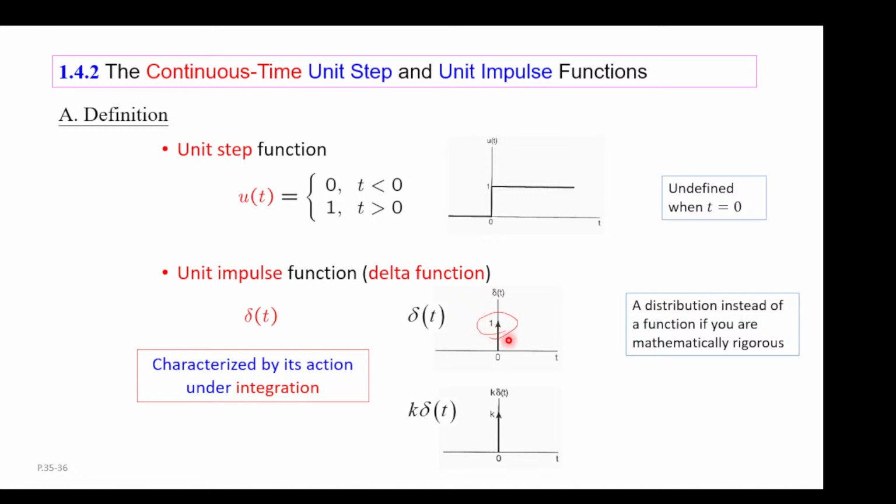When we write this arrow and say 1 here, we really mean that the area is 1. The height is infinity, but the area is 1. We also define k times infinity: k times the continuous time delta function, with the arrow labeled k, means infinity height but area k.